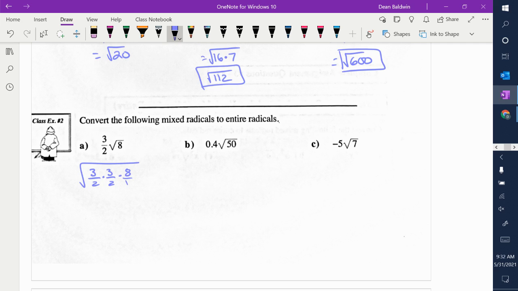Now how do you multiply fractions? Straight across, so top times top times top. 3 times 3 is 9. 9 times 8 is 72. 2 times 2 is 4. 4 times 1 is 4. Can you simplify that? Probably. Good answer. 72 divided by 4 is 18. So it's the square root of 18.